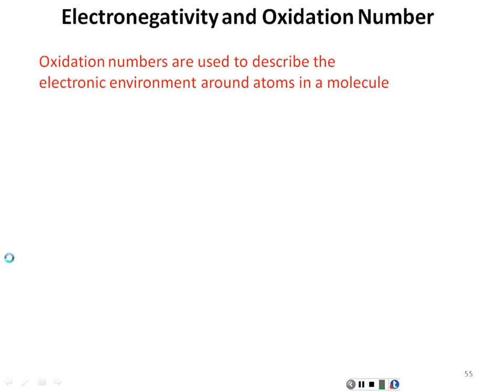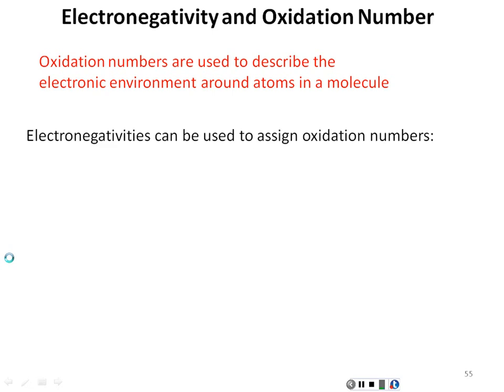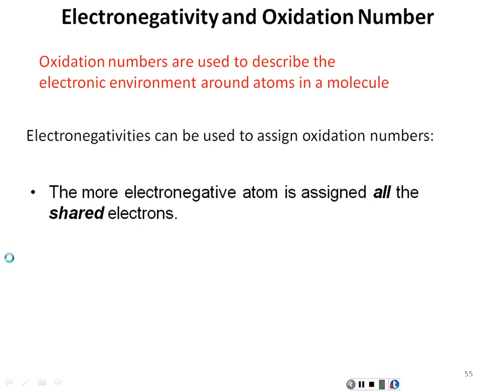So an important concept with electronegativity is oxidation number. Now, oxidation numbers are used to describe the electronic environment around atoms in a molecule. And electronegativities are needed to assign oxidation numbers. Why is that?